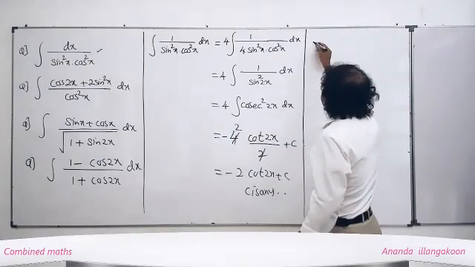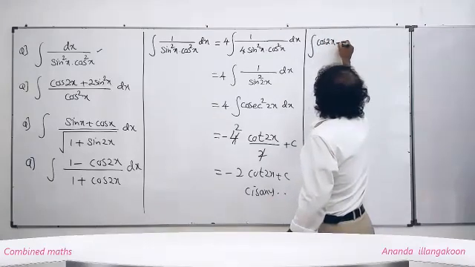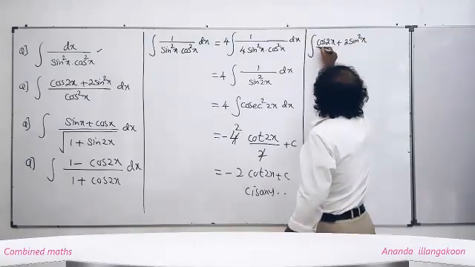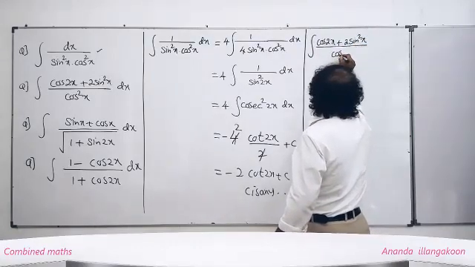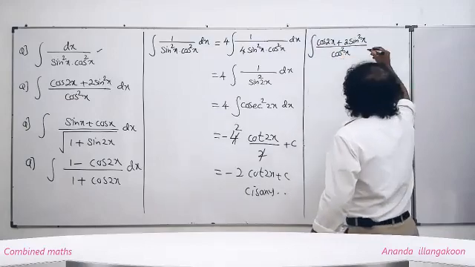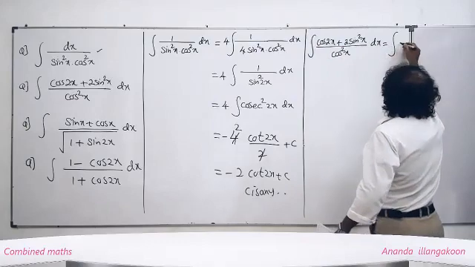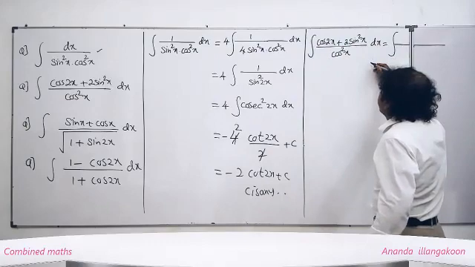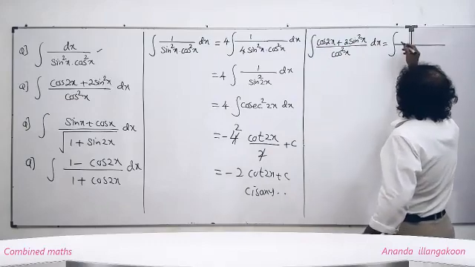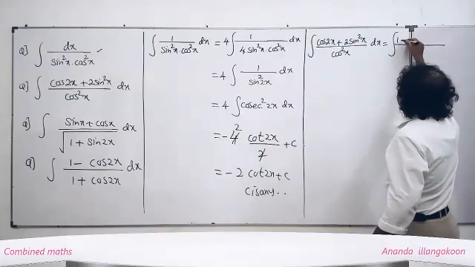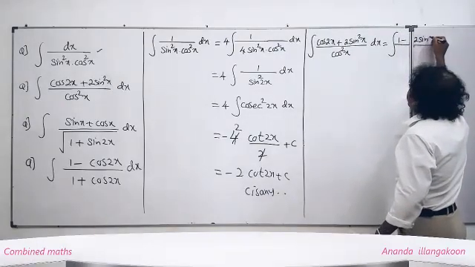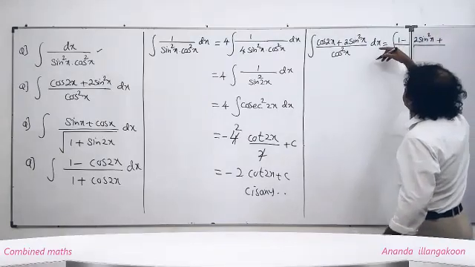It is cos 2x plus 2 sin squared x divided by cos squared x dx. Here, cos 2x I can write as 1 minus 2 sin squared x, plus 2 sin squared x.